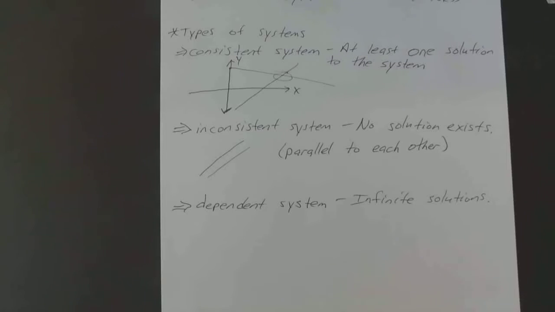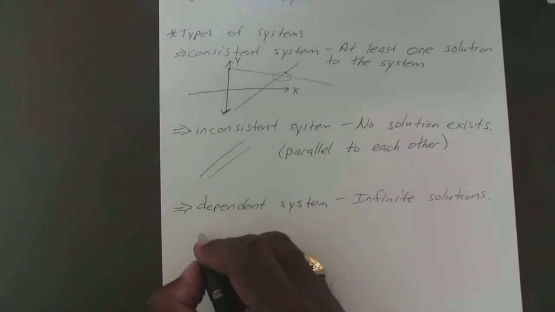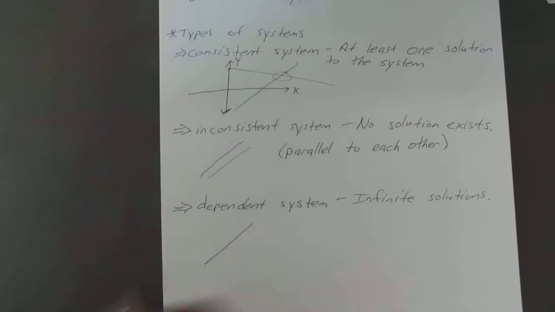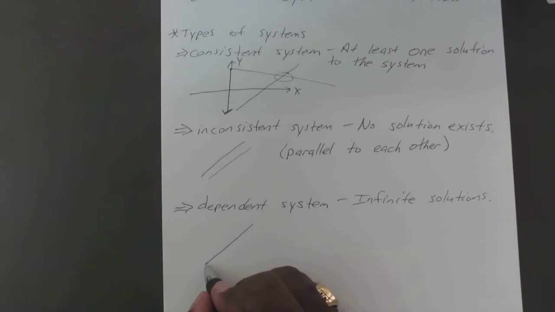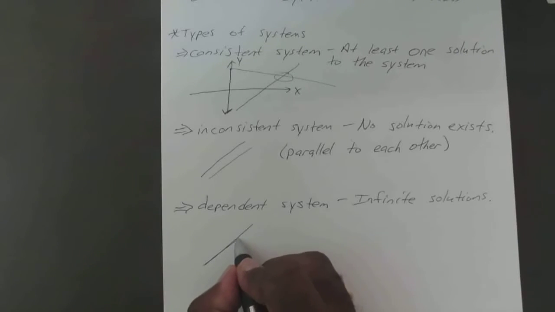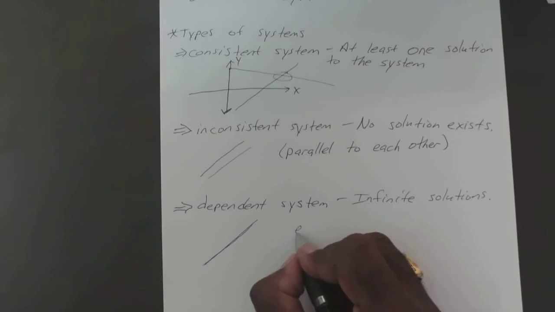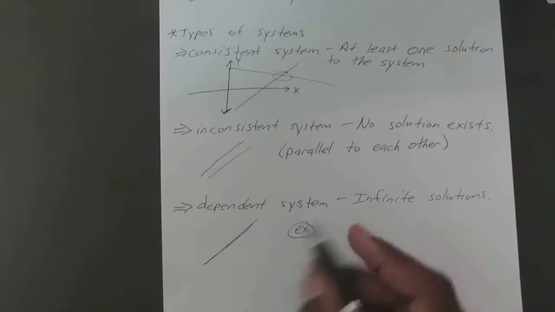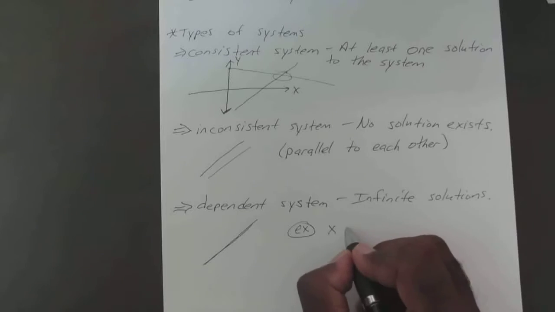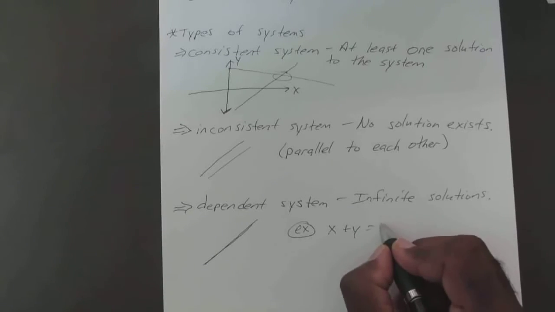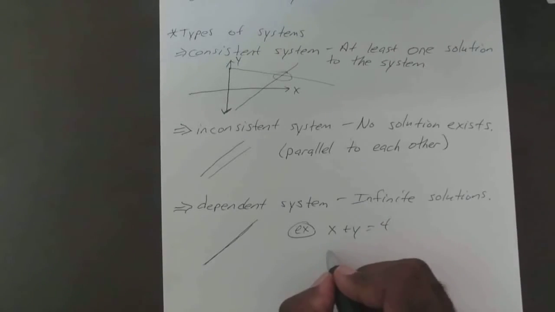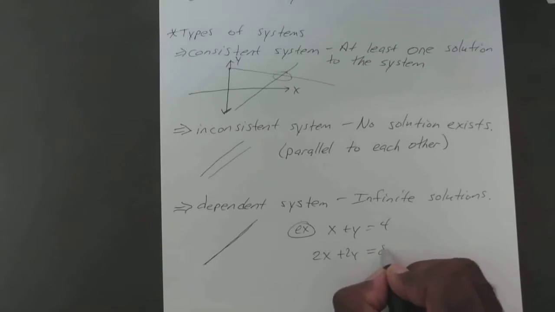Now we have our dependent system, and these are two equations that are really just multiples of each other, where the first equation goes like this, and the second equation is right on top of it. For example, x plus y equals 4, and 2x plus 2y equals 8.